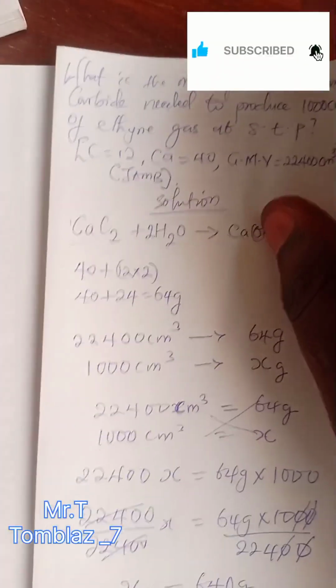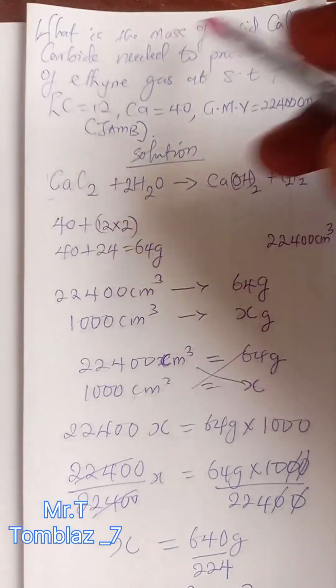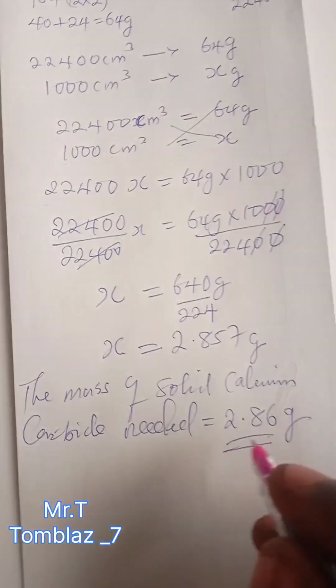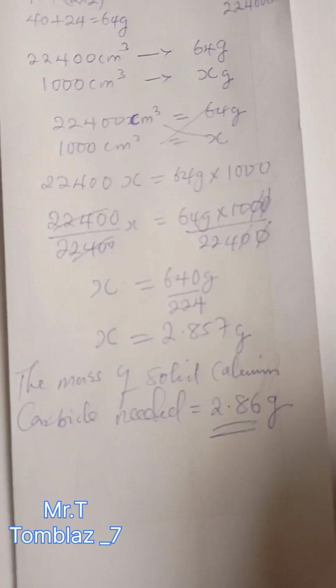So if you want to produce 1000 centimeter cube of ethane gas at STP, when calcium carbide reacts with water, then you should have 2.86 grams of the calcium carbide.